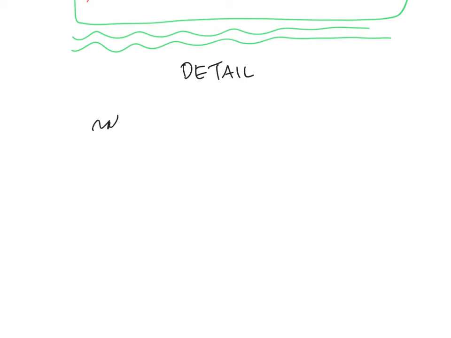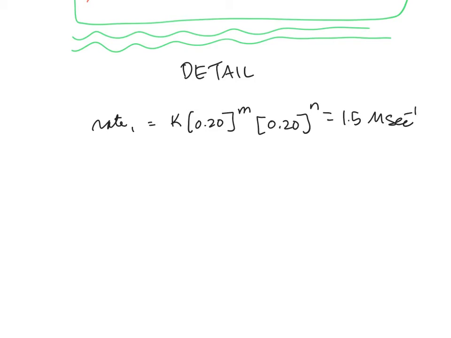So we can say rate for the first experiment is equal to K times 0.20 raised to the power m and 0.20 raised to the power n, and that rate is 1.5 molar per second. Then you can look at a second equation for rate. This would be for experiment 2.